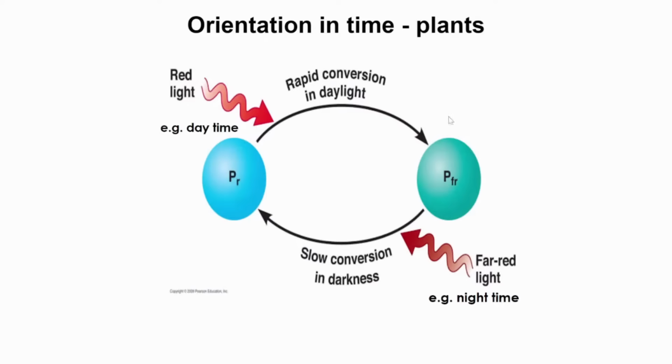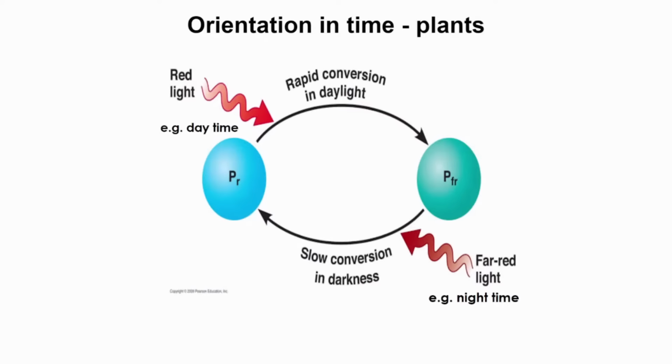So phytochrome red to phytochrome far red is really fast. Converting back from phytochrome far red into phytochrome red is really slow. So what actually is happening is there are three types of plants. There are short day plants, long day plants, and then day neutral plants.